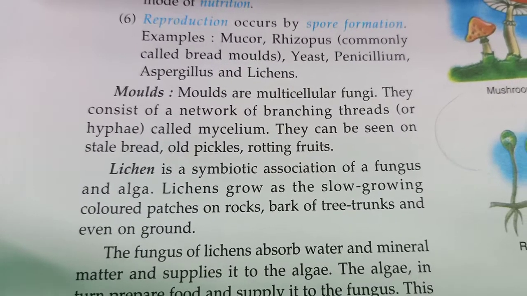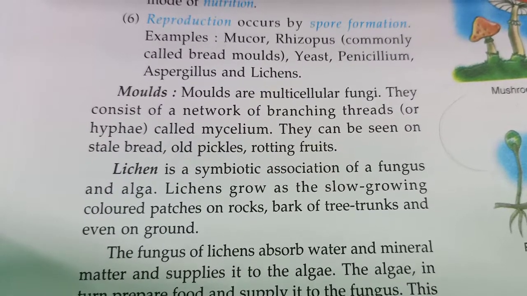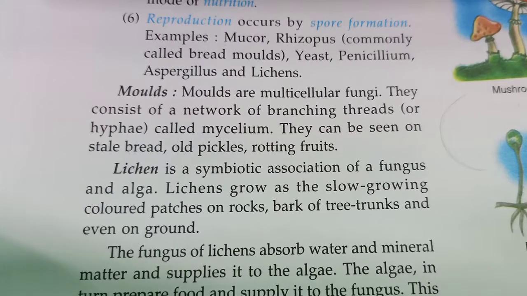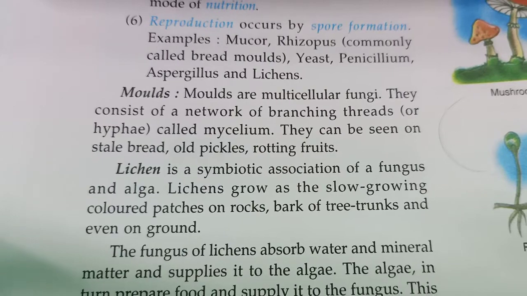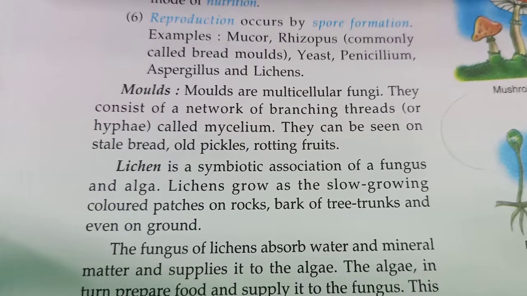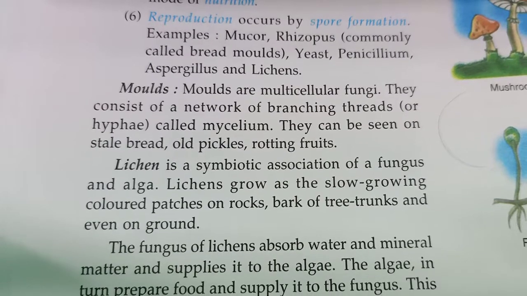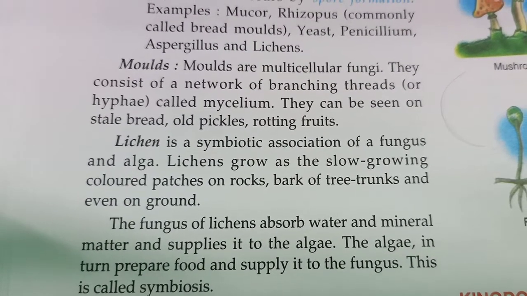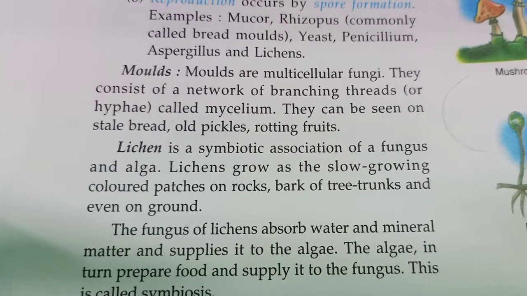Lichens grow as slow-growing colored patches on rocks, bark of tree trunks, and even on the ground. You might have seen colored patches on the surface of the ground or on tree trunks, and those colored patches are lichens. The fungus of lichens absorbs water and mineral matter and supplies it to the algae.